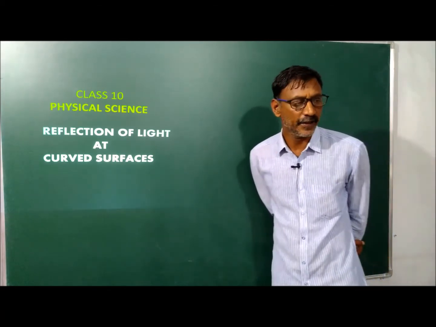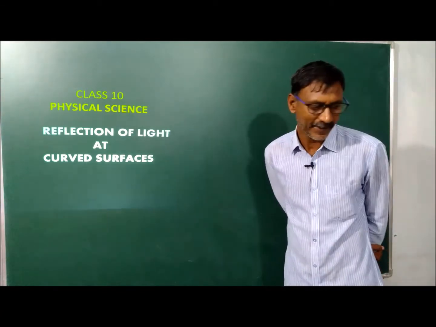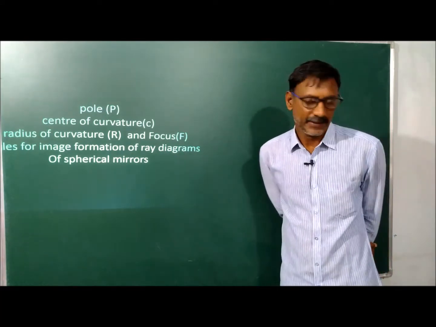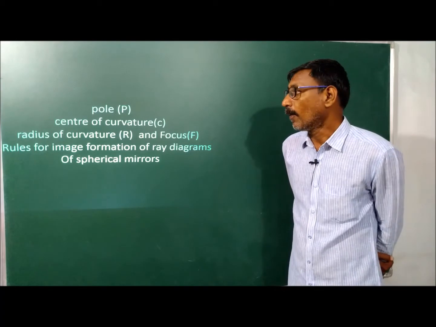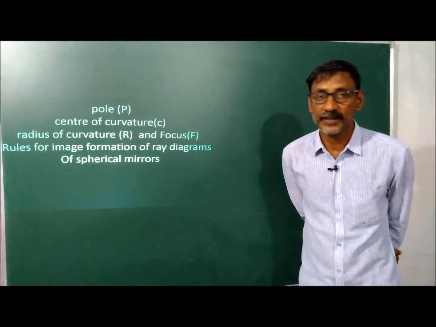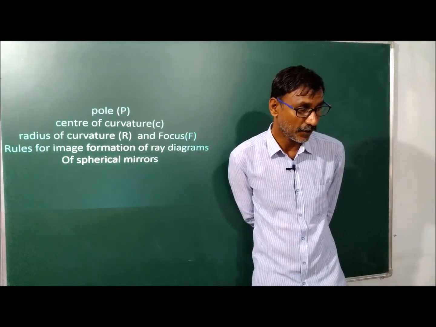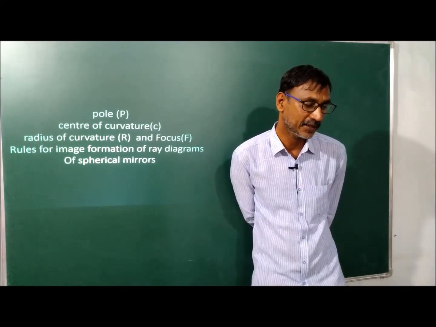So far we studied two videos in which we discussed what light is and the properties of reflection of light. We studied pole, center of curvature, radius of curvature, and focus of the spherical mirrors, which we call concave and convex mirrors.